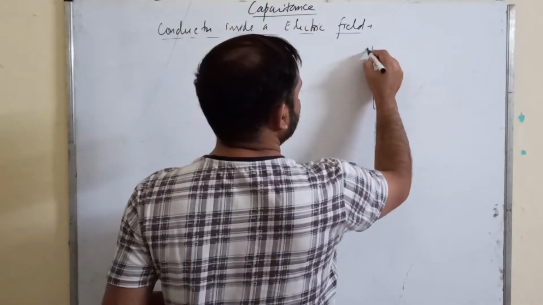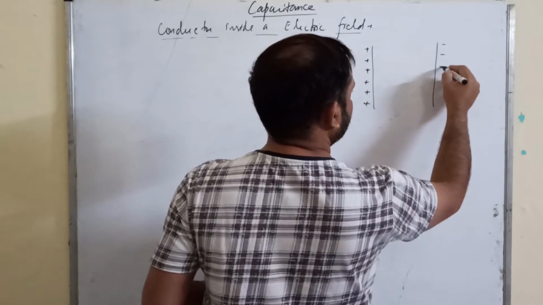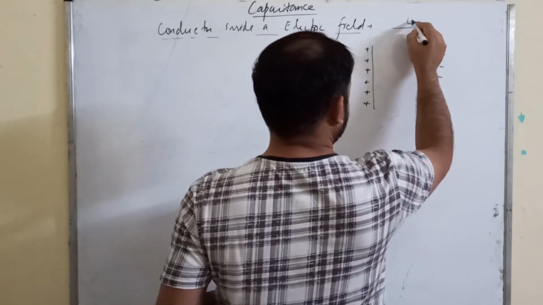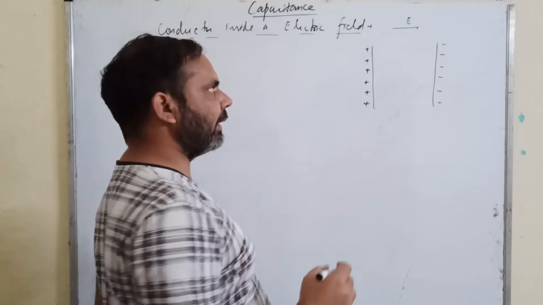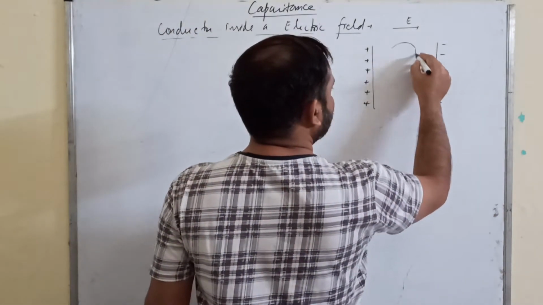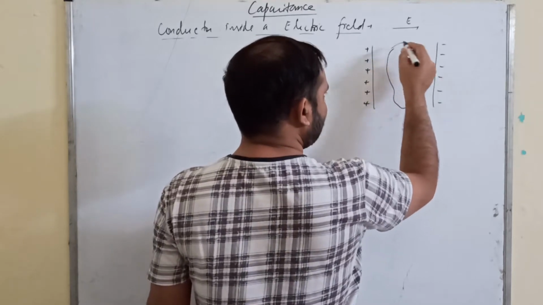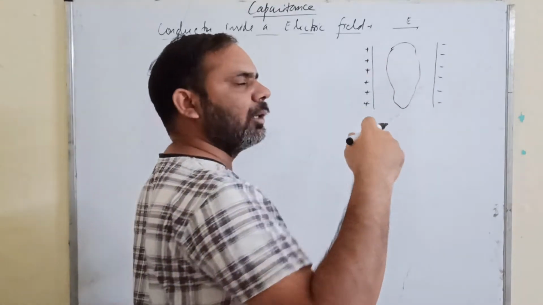Suppose we have an electric field in some region. The direction of the electric field is from the positive plate towards the negative plate, and if we place a conductor inside it, then the free charges that develop inside the conductor start moving.